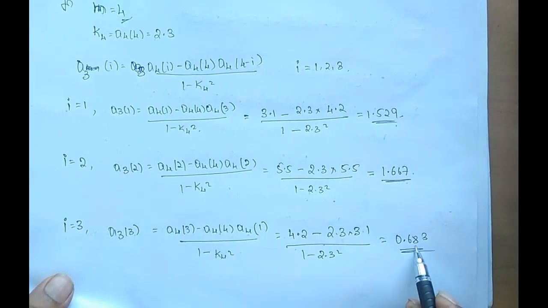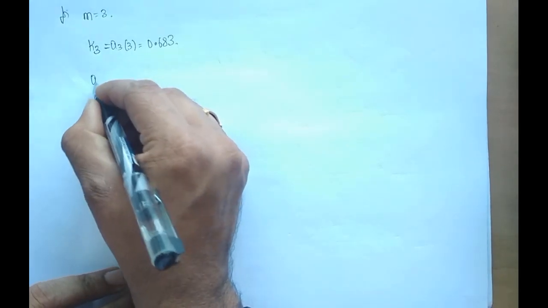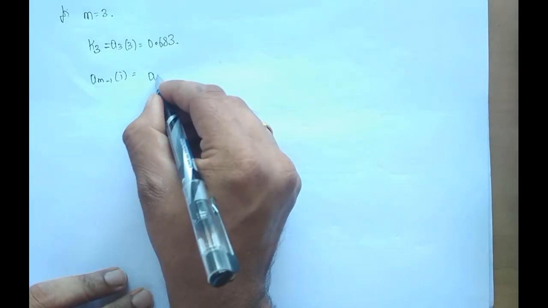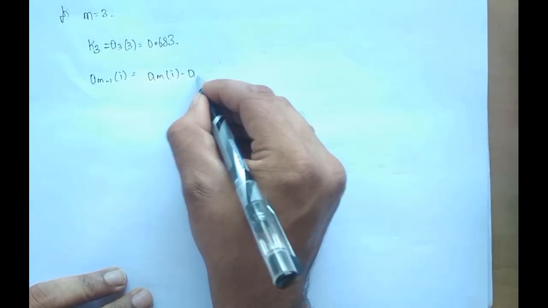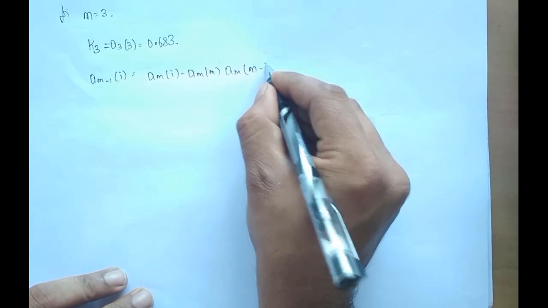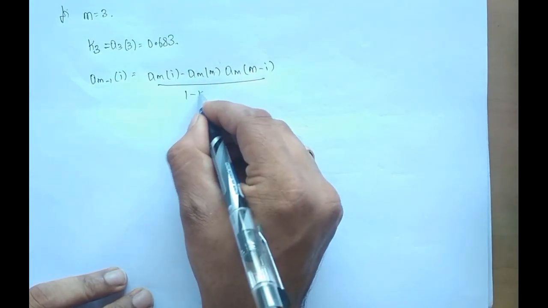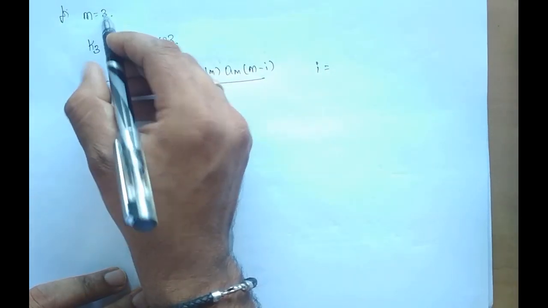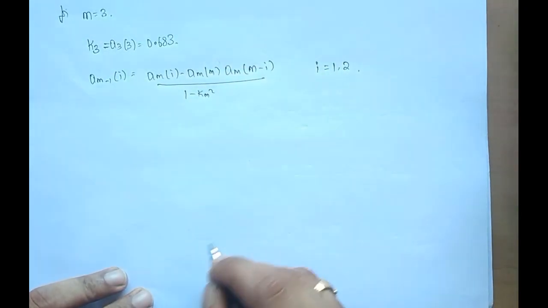So a3 of 3 value is 0.683. So now, am minus 1 of I is equal to am of I minus am of m into am of m minus I, whole divided by 1 minus km square, for I taking the value, since m is equal to 3, 1, 2.